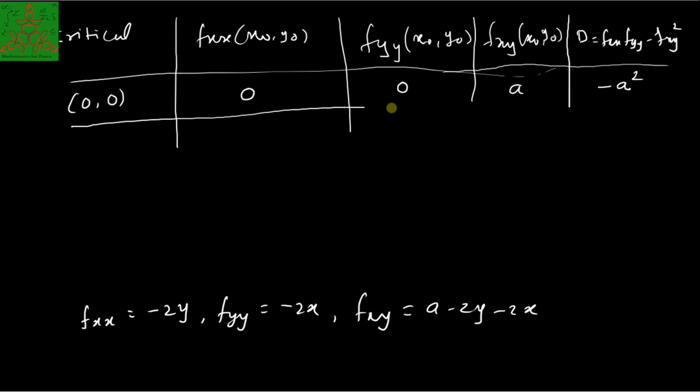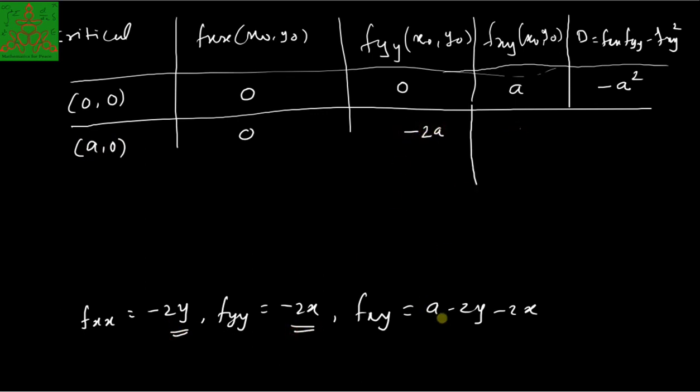The next critical point that we have calculated is a, 0. So that's why this is 0 because y is 0, this will give you minus 2a, and this value is a minus 2a, so that's why it is also minus a, and so that's why it is minus a square again, because the product of these two values is 0, minus a square is already there.